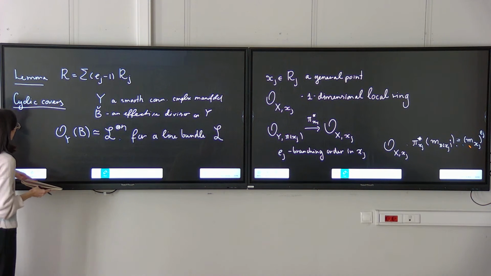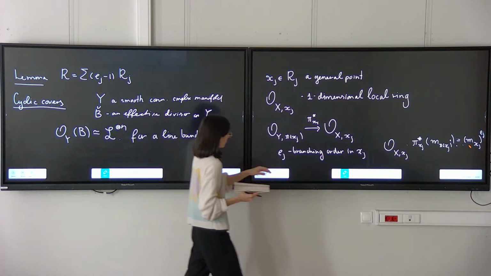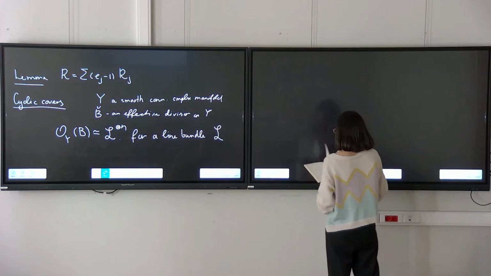So now let me define what the corresponding cyclic cover is geometrically. This is the following thing.